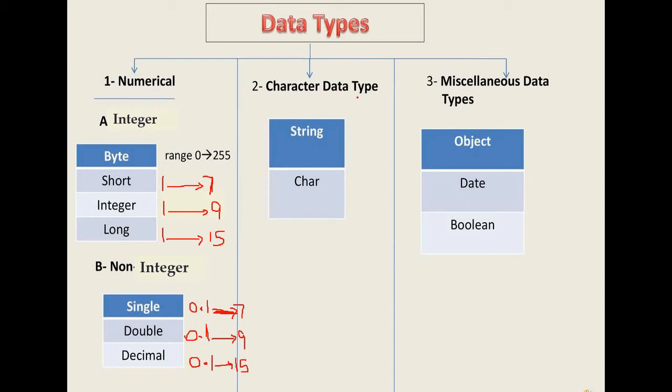What about the second data type? It is the character data type. Here the program allows the user to use... what about the string? String provides text, like a name or address. So this is another type of data that the user can enter inside an object in the text box.